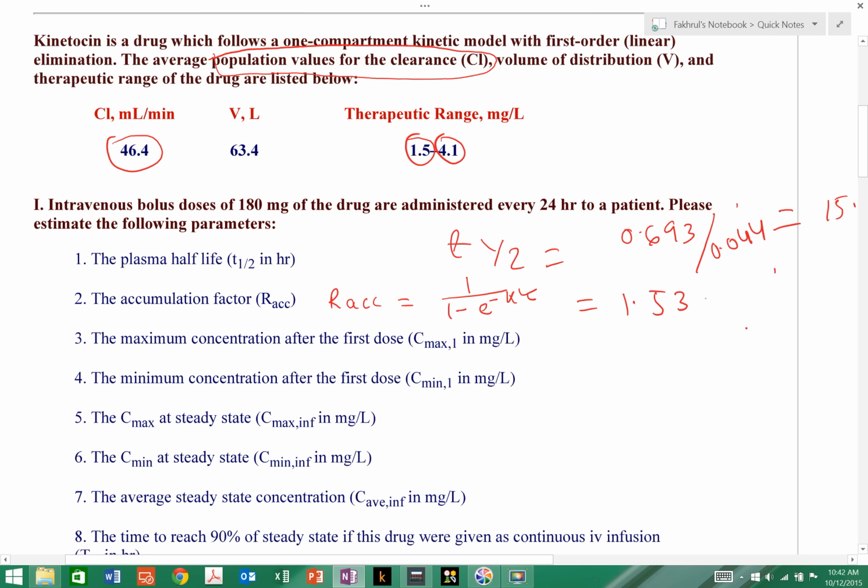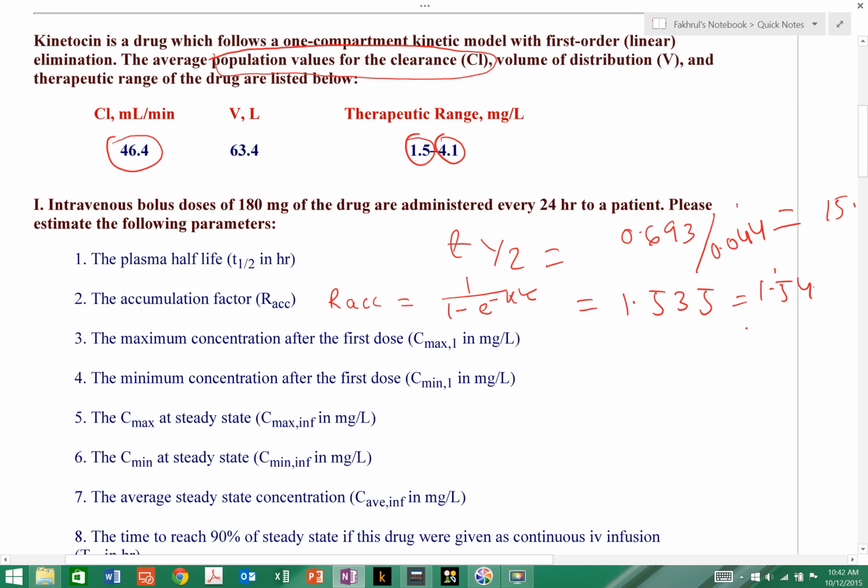So you can make RACC equal to 1.54. I'm not using a calculator because this saves time and the video will be shorter, and I do not have to spend a lot of time uploading these videos.